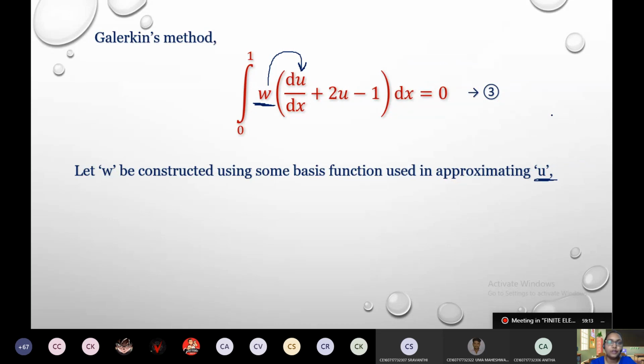What was u when we have taken a plus bx plus cx square? So we are taking the weighting function also in the same format with different arbitrary constants. That is w is equal to capital A plus capital Bx plus capital Cx square. Let us take that as equation number 4.